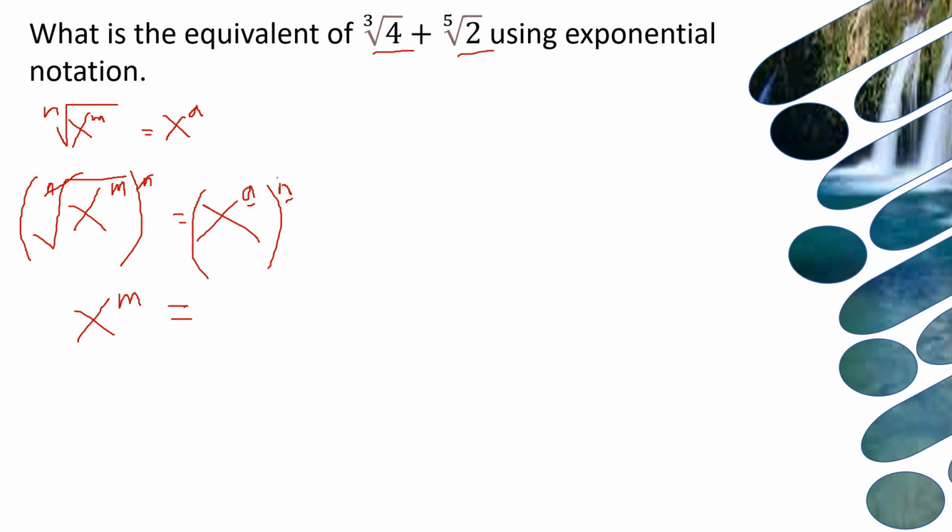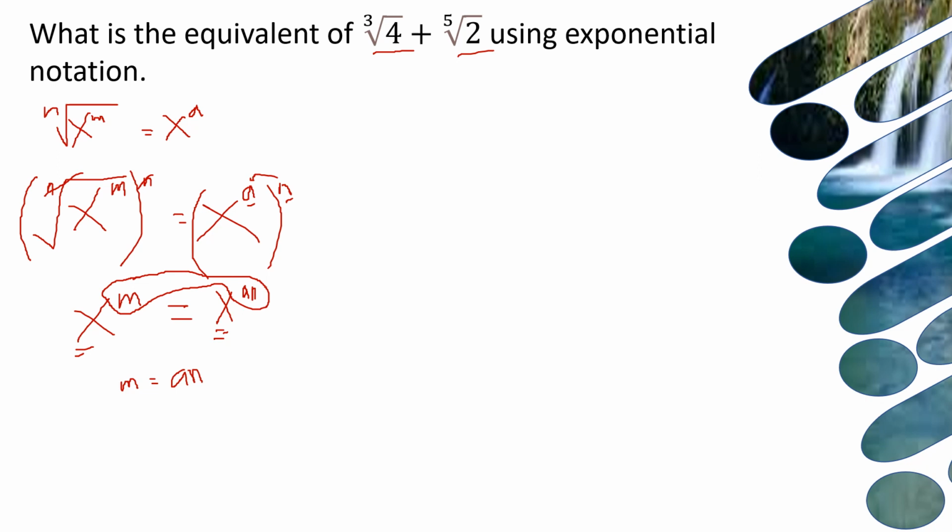By applying power of a power, you have x raised to a n. And since these two expressions have the same bases, it's obvious that their exponents are equal. So we have m is equal to a n.